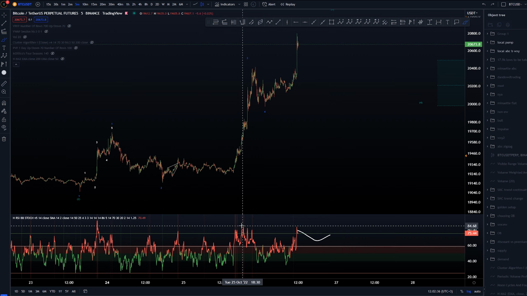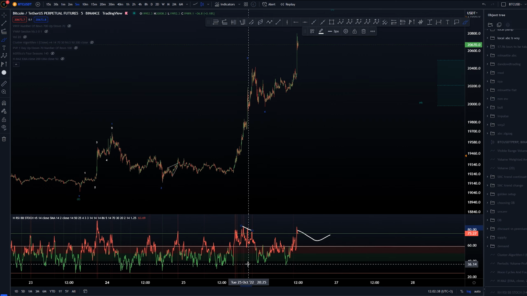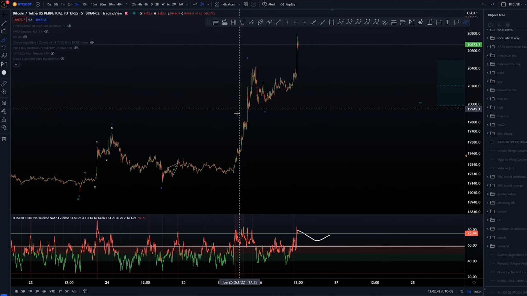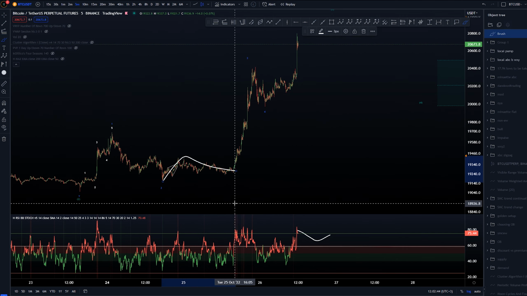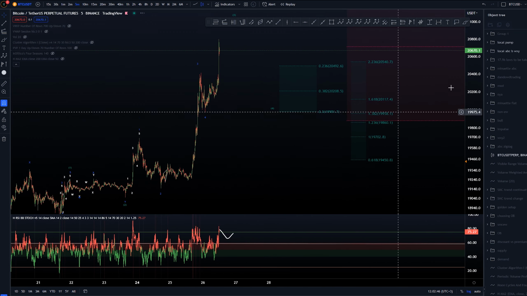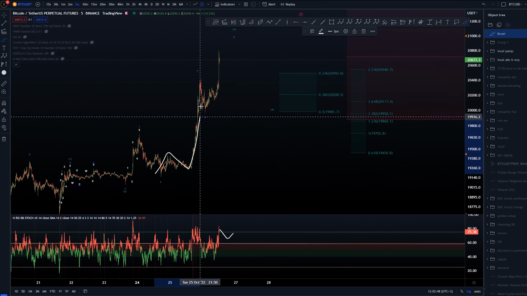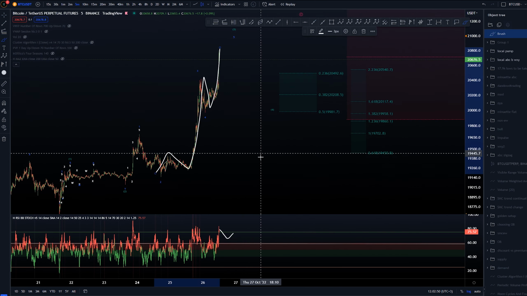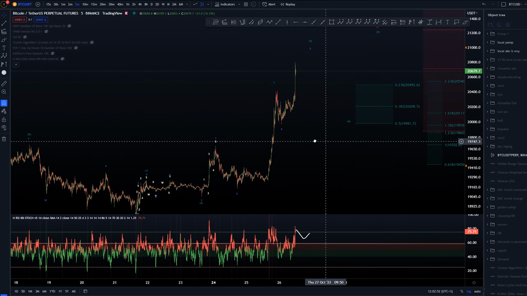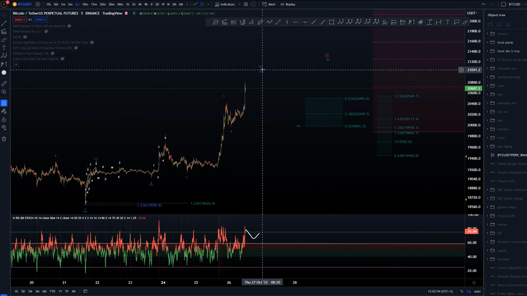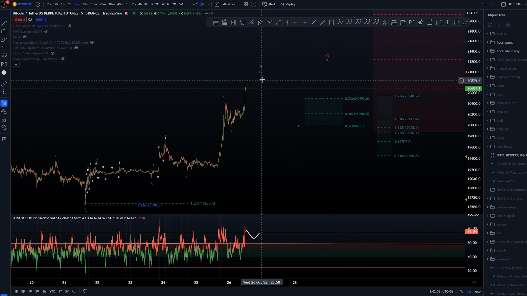We are getting divergence from quite low, and RSI is not telling us for sure that even this structure has already ended. So it is possible that this would be a 1, 2, 3, 4, and 5, and this would be one count more bullish than I've already labeled here.